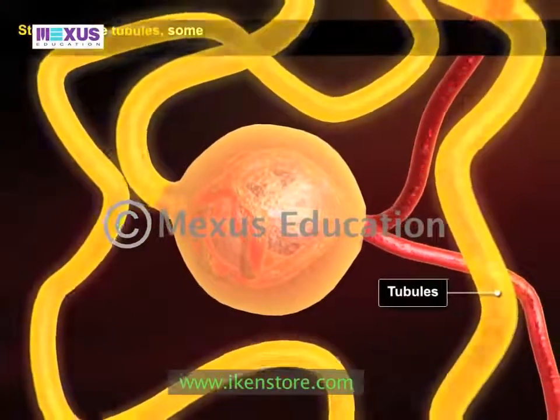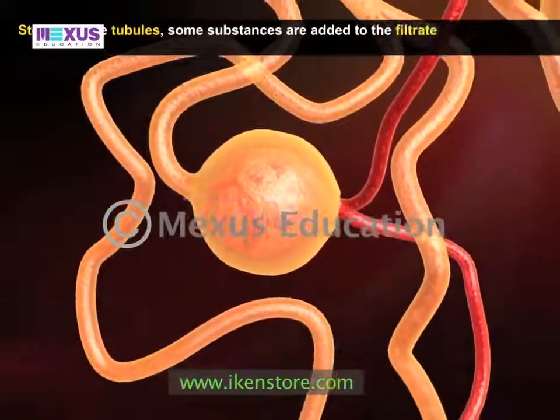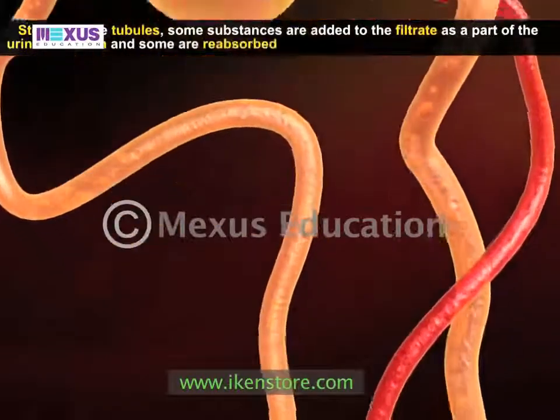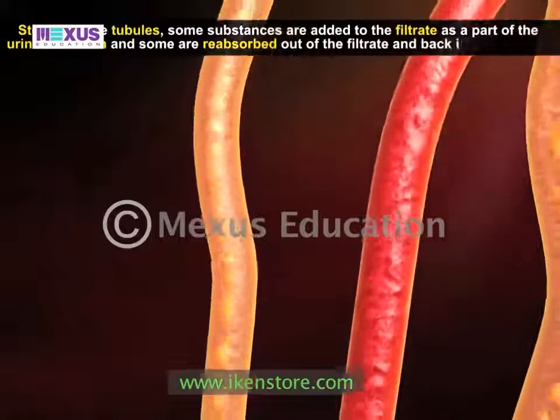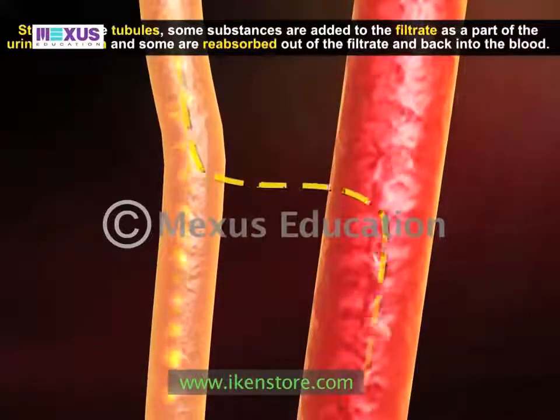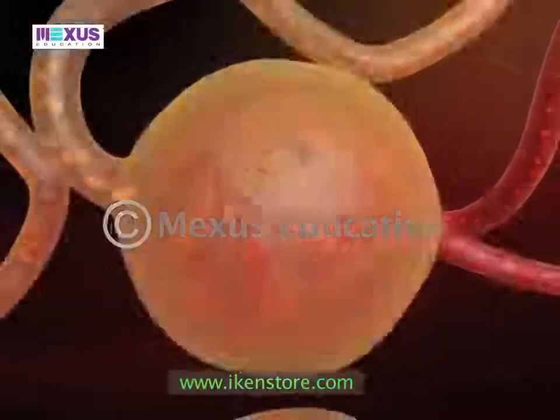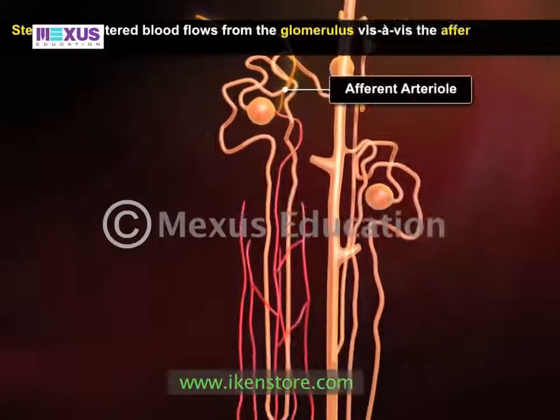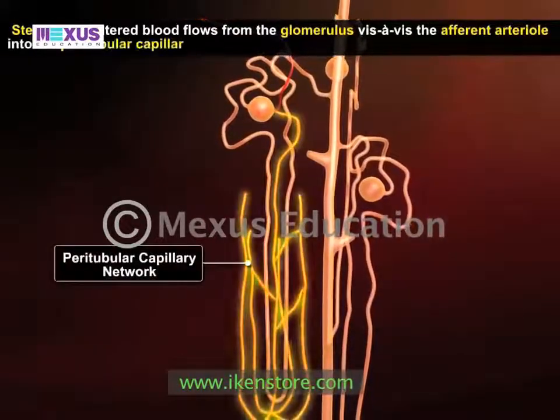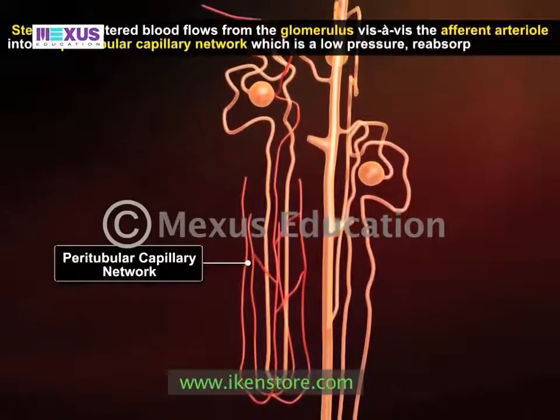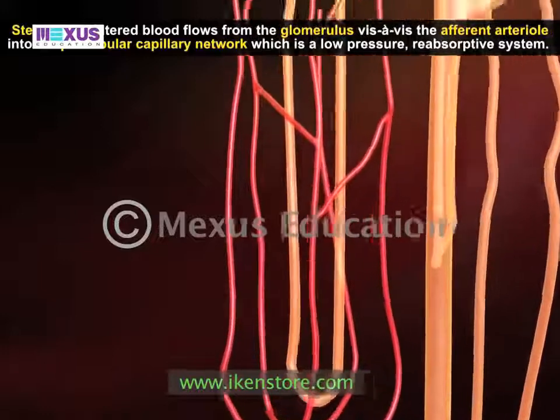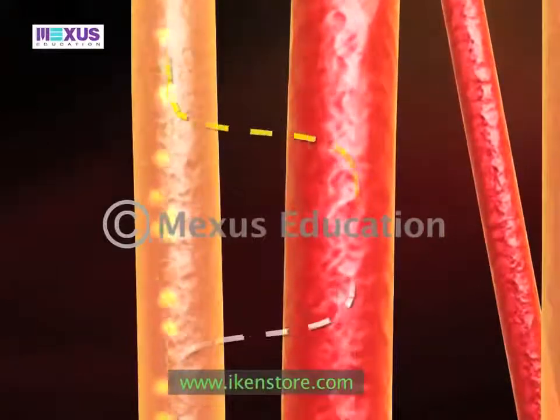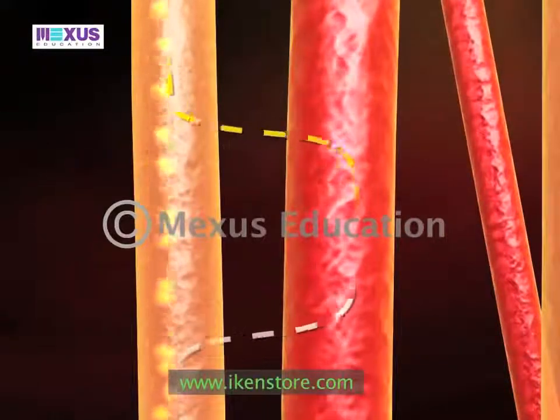In the tubules, some substances, now filtered, flow from the glomerulus via the efferent arteriole into the peritubular capillary network, which is a low-pressure, reabsorptive system surrounding all portions of the tubules. This arrangement permits rapid movement of solutes and water between the fluid and the tubular lumen.